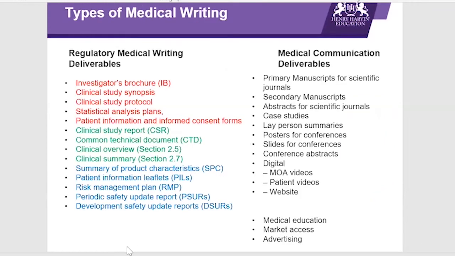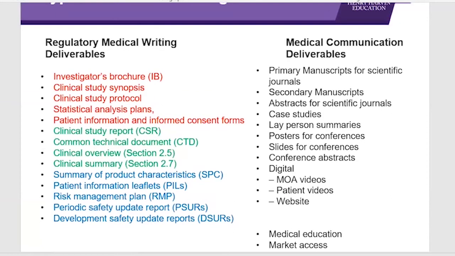So we have spoken about different types of medical writing. This slide gives a list of the medical writing deliverables, that is, the documents on which a medical writer should be working. Can you read what is there on the screen? Broadly, there are two types of medical writing deliverables.